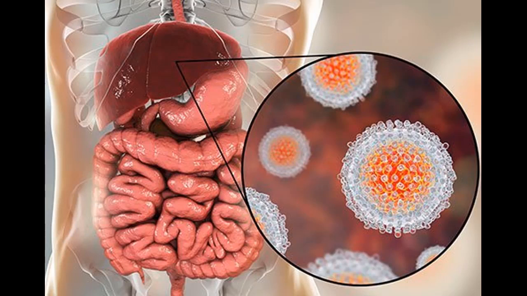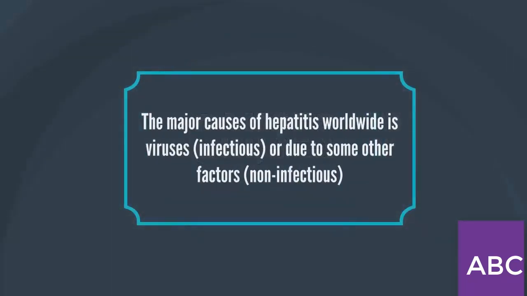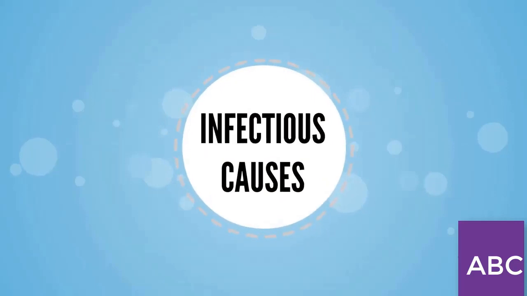I will be discussing the various causes of hepatitis. The major cause of hepatitis worldwide is viruses, which is also known as infectious cause, or due to some other factors or non-infectious cause. Hepatitis A virus. Hepatitis A is caused by an infection with the hepatitis A virus, also known as HAV.